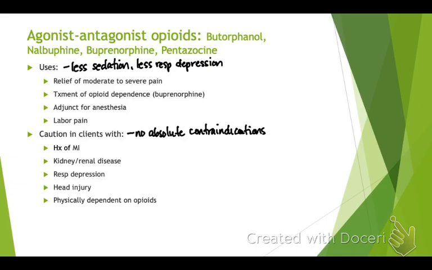So remember when we discussed that to give it with caution means that this is not an absolute contraindication, but it is a condition of concern, and we just need to monitor more closely these patients that have conditions that we need to be cautious with.